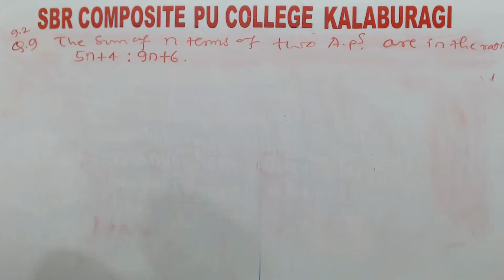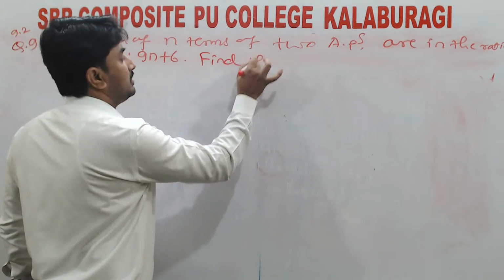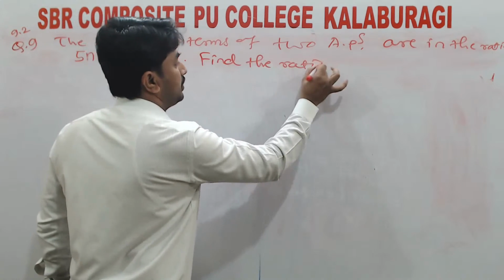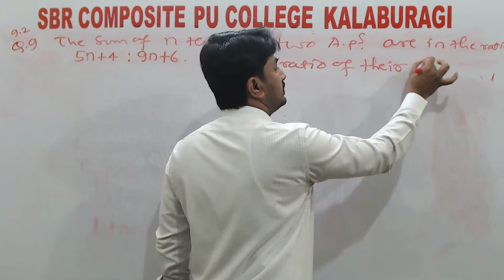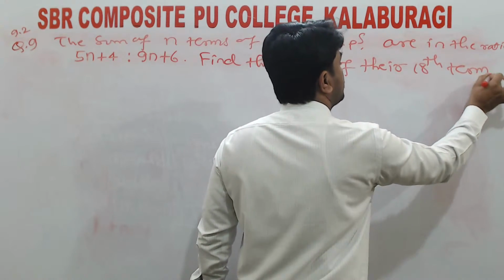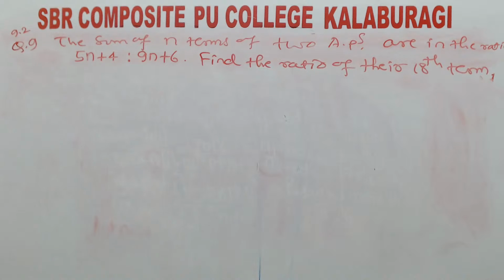Okay, so same here, find the ratio of their 18th term. The previous one was the 12th term. Here we want to find the 18th term.